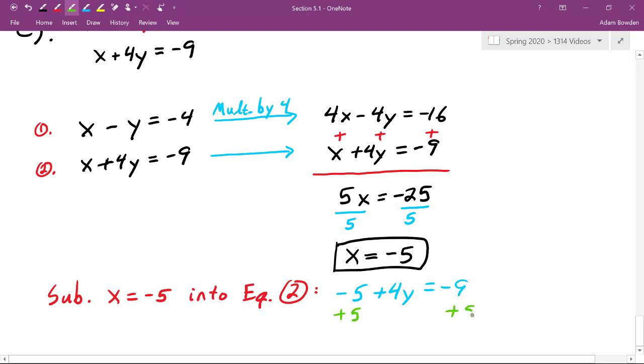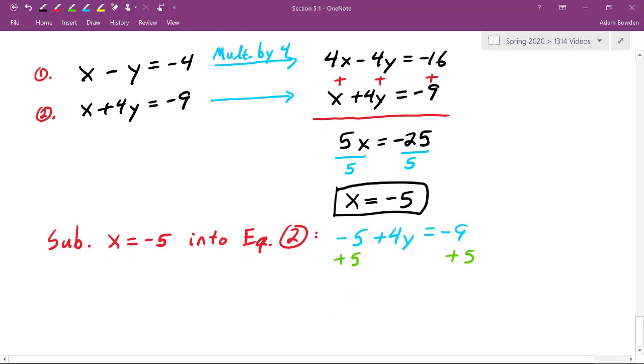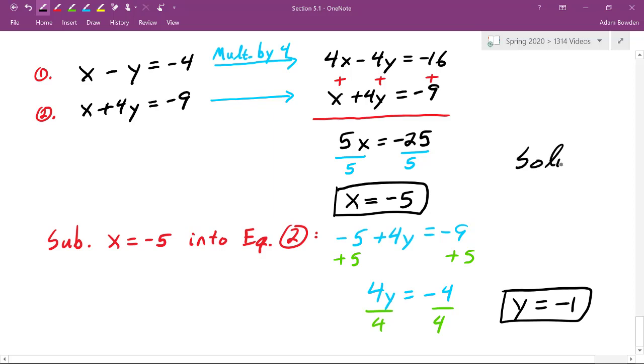We'll add the 5 over. We'll get 4y equals negative 4. Divide by 4. And we'll solve for y. Y is equal to negative 1. So that'll be our solution here. Negative 5, comma, negative 1.